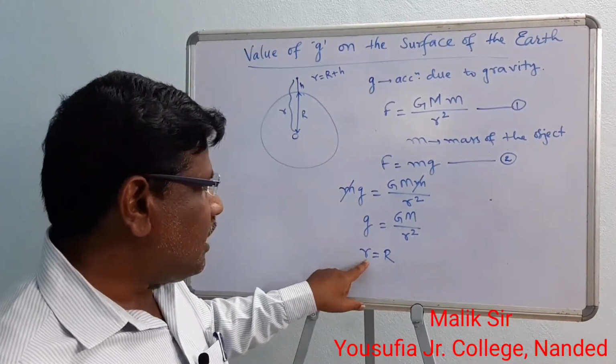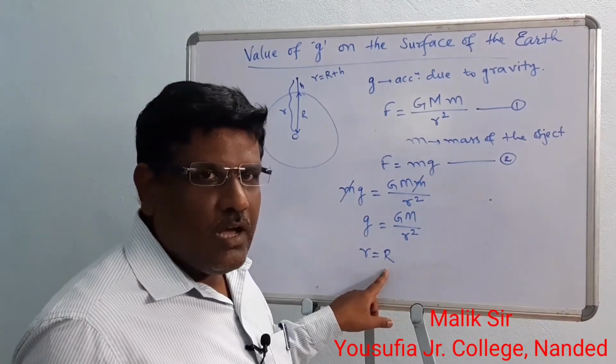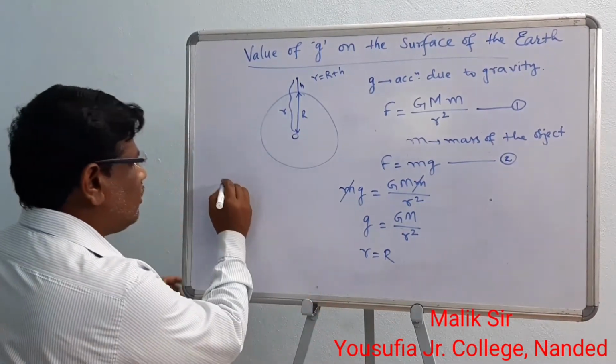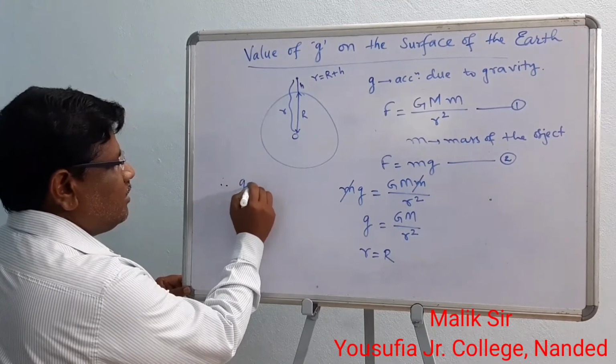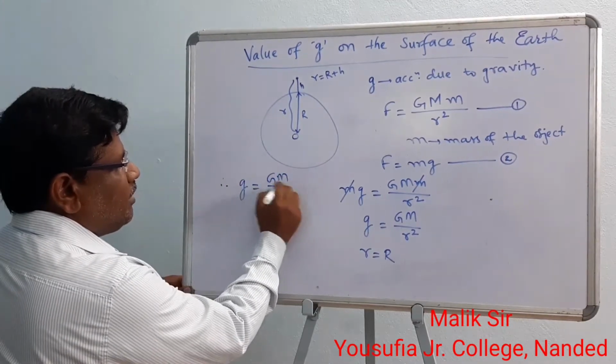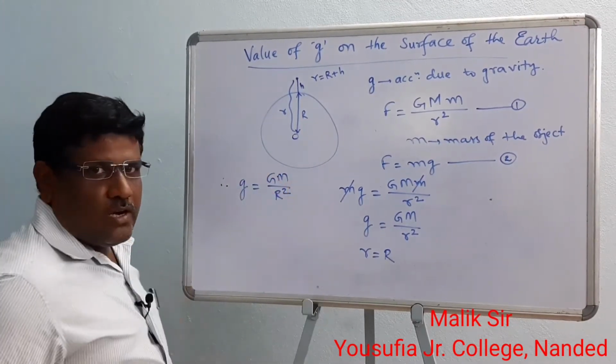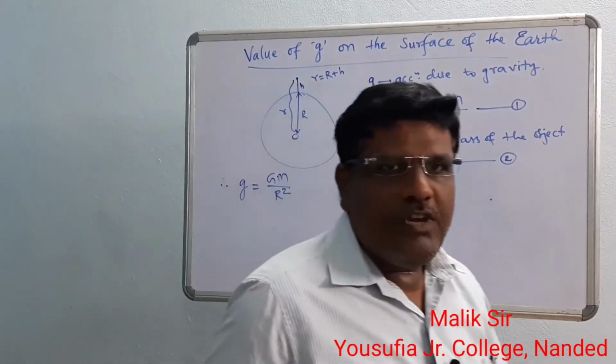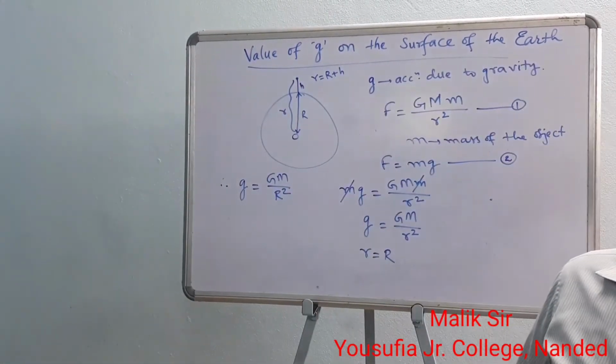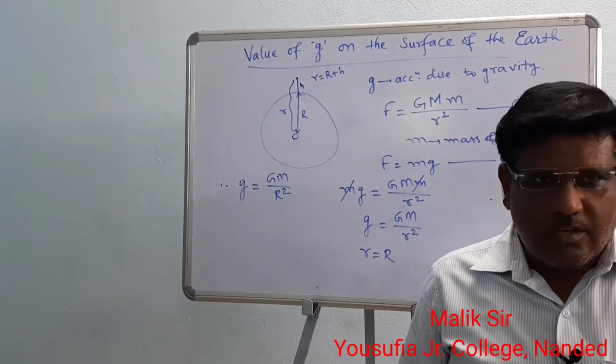Therefore, small r equal to capital R, and we can write g equal to G M divided by R square. From this equation, we can calculate the value of g on the surface of the earth.